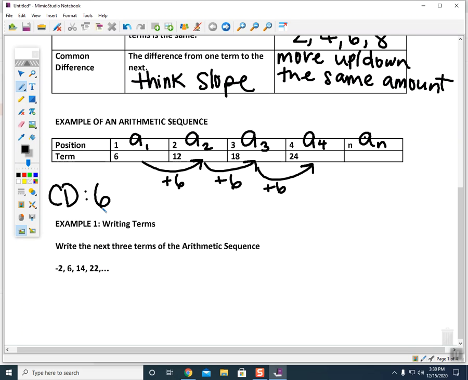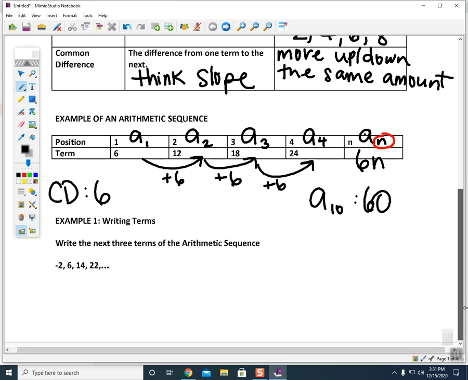So if I want to figure out my nth term, my nth value, I'm going to take 6 times n in order to figure that out. So if I wanted to figure out what is a sub 10, what number is in my 10th term, well, I'm just going to take 6 times 10. It's 60, right? So what this allows me to do is to figure out what number is in each place in my sequence. Let's look at the next example.